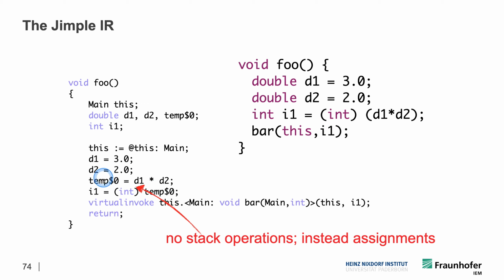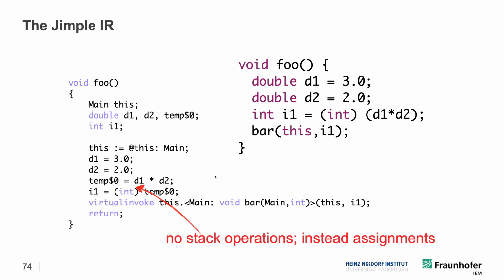What you see also is that there are no stack operations, so you don't see any of these dmul or so. You have these explicit assignments and explicit calculations that explicitly reference the operands that they are operating on.